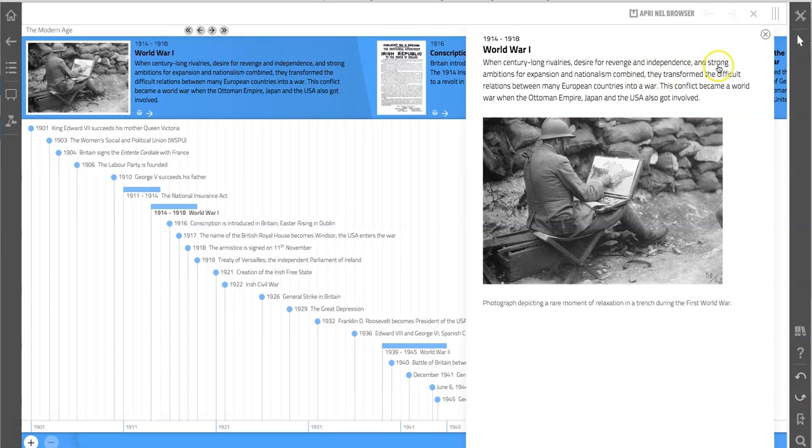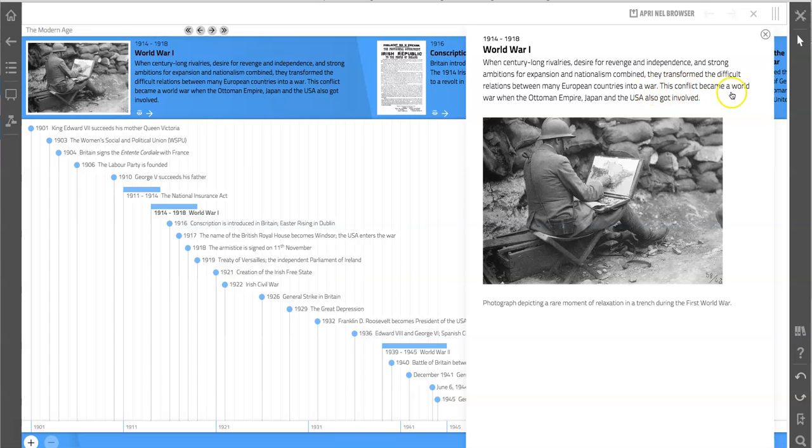This period was marked by strong ambitions for expansion and nationalism. All these elements were combined, and the difficult relations between the European countries transformed this difficult situation into the outbreak of the war.